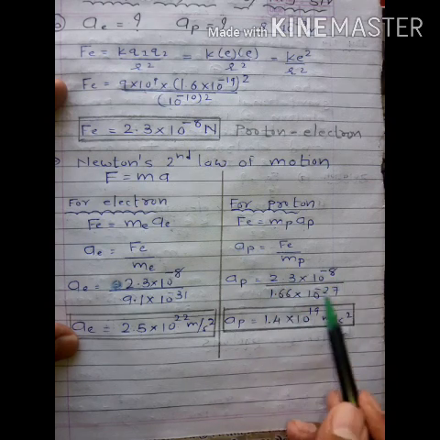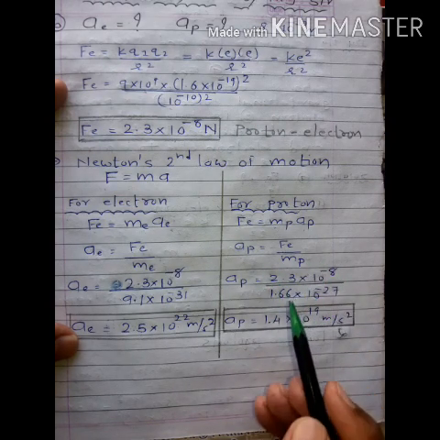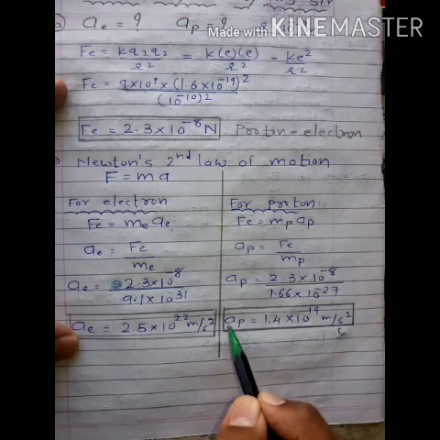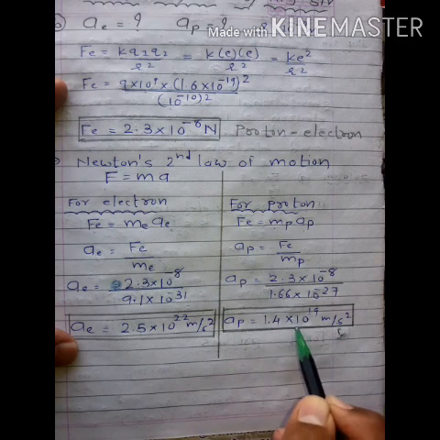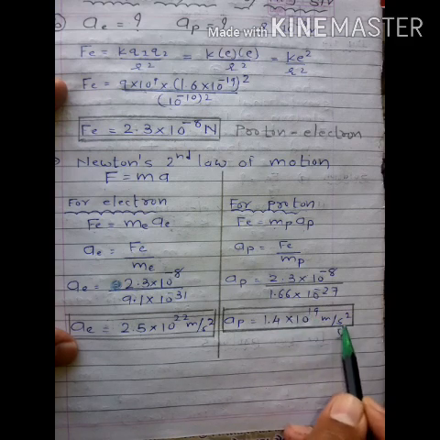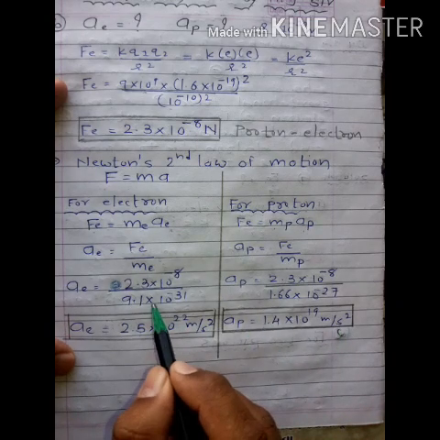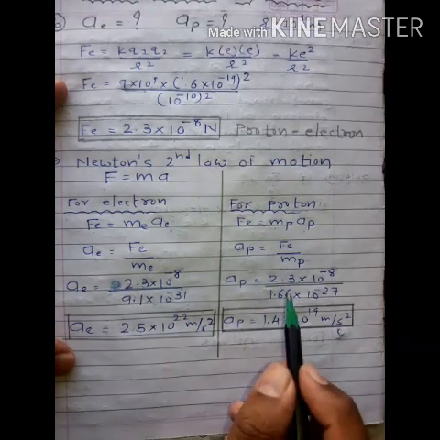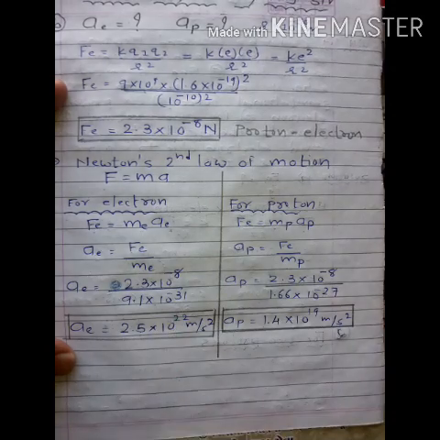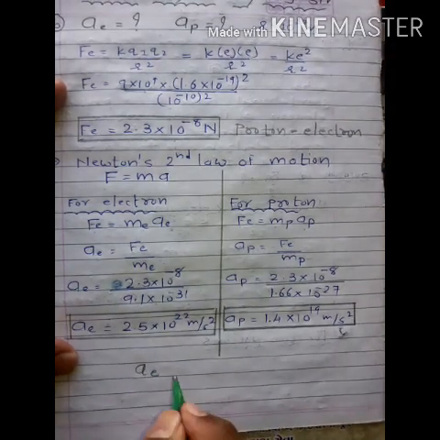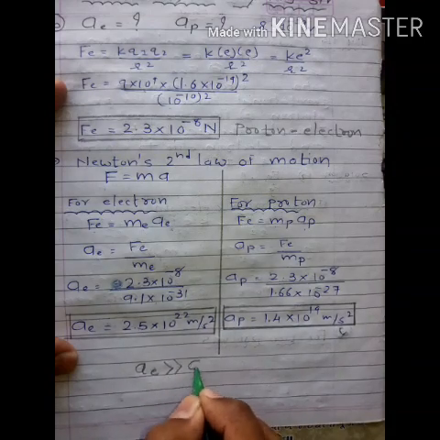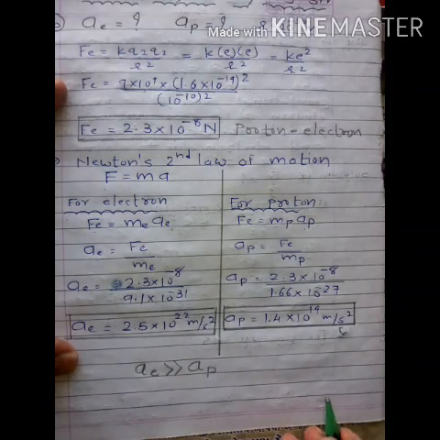This is our standard value. Now find the solution. So our answer is the acceleration of the proton is equal to 1.4 into 10 to the power 19 meter per second square. Remember this point, the electron is a lighter particle compared to the proton. That's why the acceleration of the electron Ae is so much greater than the acceleration of the proton.